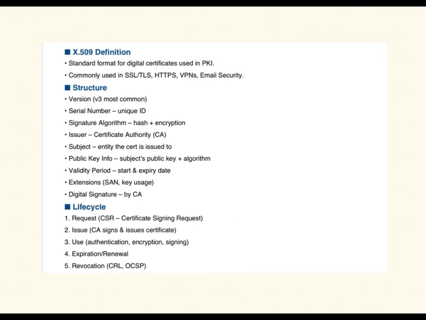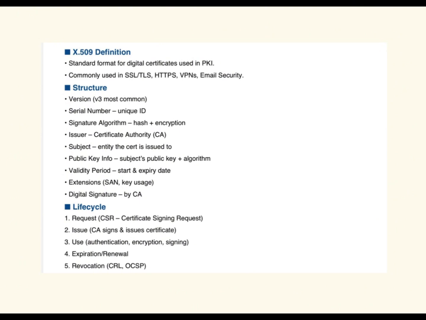You can download the revocation list offline, and you can also check it using OCSP online in real time. One-liner to memorize: X.509 is the digital passport for identities, signed by a CA, with a life cycle from request to revocation.